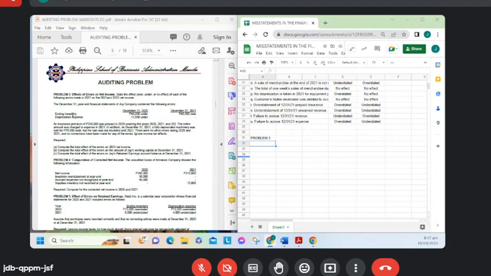There is an error in the ending inventory and depreciation expense of the company. What is being asked is to compute the total effect of the errors on net income, the total effect on working capital, and the total effect on retained earnings. Working capital, that's current assets less current liabilities, di ba? So what we're going to do here is put the errors here: ending inventories and depreciation expense.